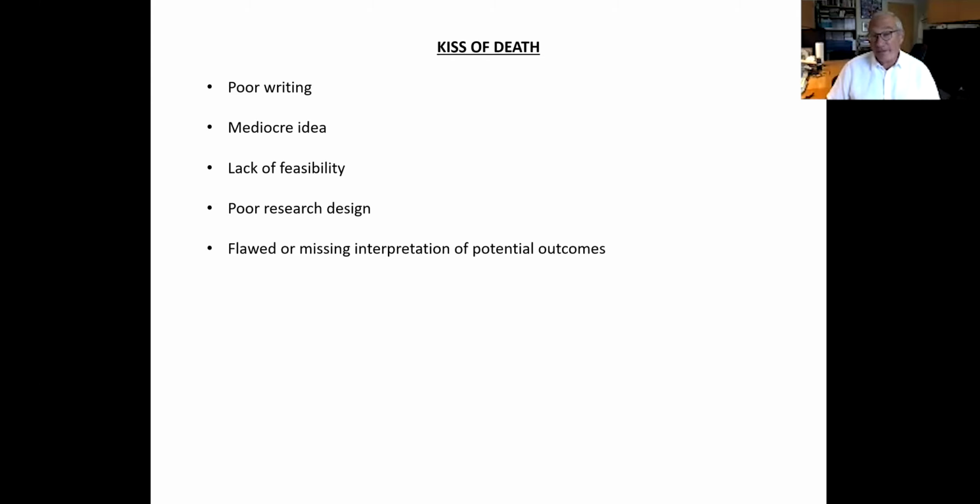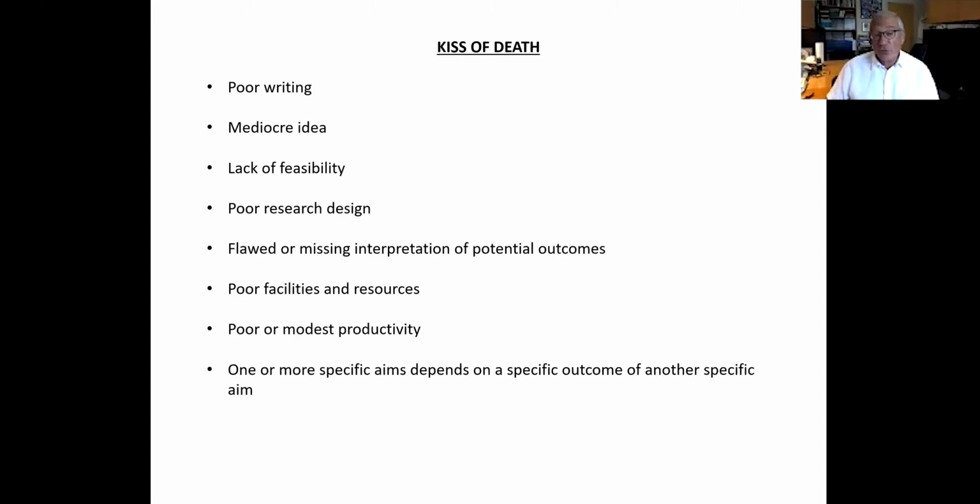Okay, next, last slide. Here are some issues that will lead to your grant not being funded: poor writing, a mediocre idea, lack of feasibility, poor research design, flawed or missing interpretation of potential outcomes, poor facilities or resources, poor or modest productivity, one or more specific aims depending on a specific outcome of another specific aim, not including both sexes without providing justification, or lacking some critical detail.